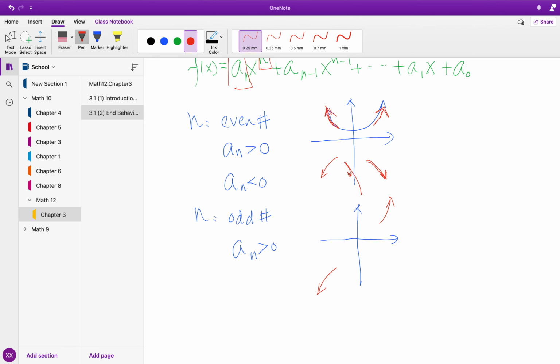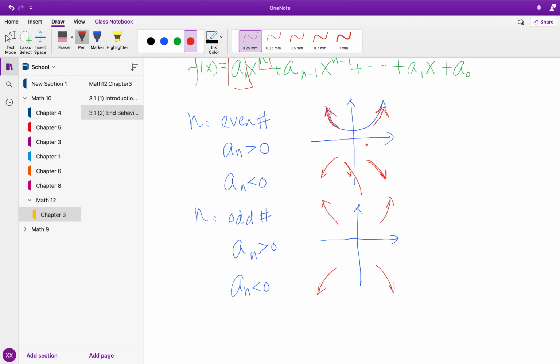But if a_n, the leading coefficient, is smaller than 0, then as we already saw the trend, they will be coming down and then end somewhere here, going down.